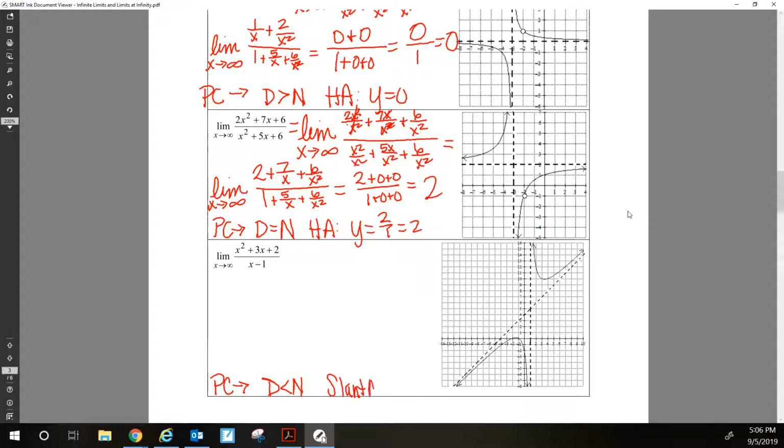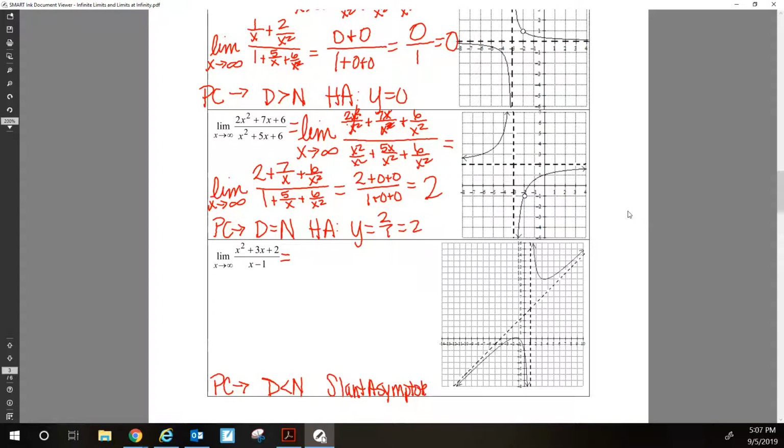A slant asymptote. And do you guys remember how we found that? We did some division. We divided the numerator by the denominator, and the resulting polynomial, your quotient polynomial, is the equation for your slant asymptote. All right? But let's go ahead and do our calculus route.